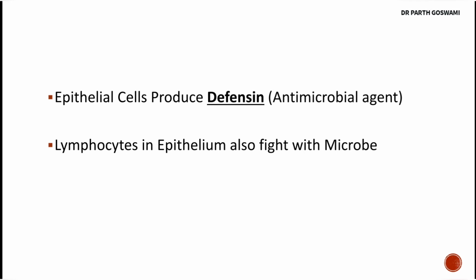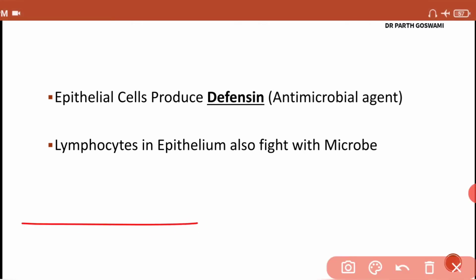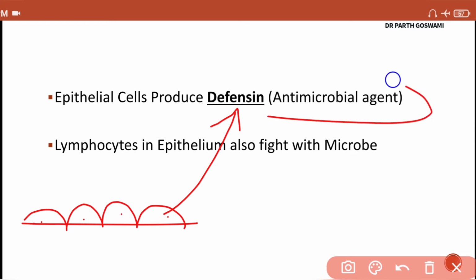Suppose this is your lining epithelium of the respiratory or GI tract. This epithelial cell will produce defensin, and defensin has antimicrobial action. So the first way the epithelial barrier acts is by production of defensin.